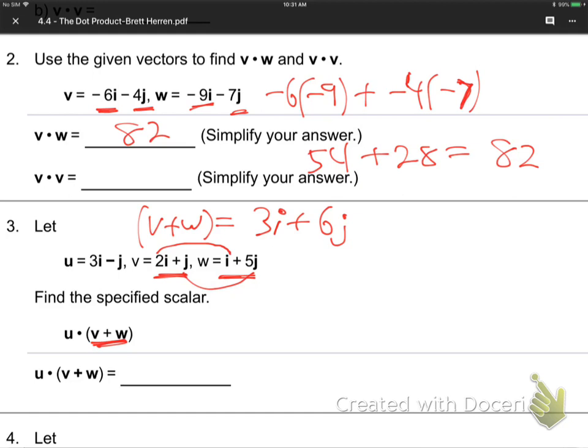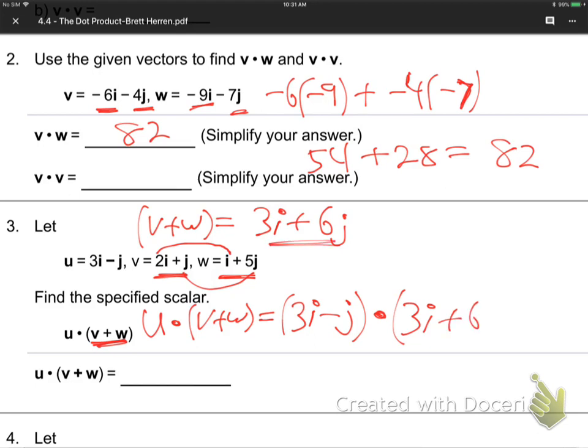Now I'm going to take u dot (v plus w), which is vector u, 3i minus j, dotted with vector v plus w. Like that, right? So dot them together. Am I going too quick?